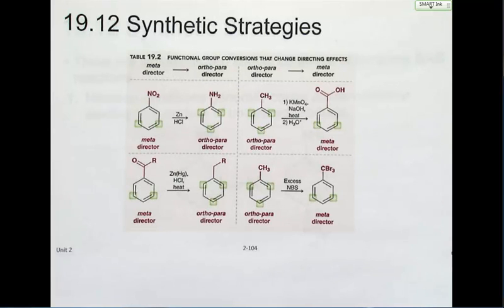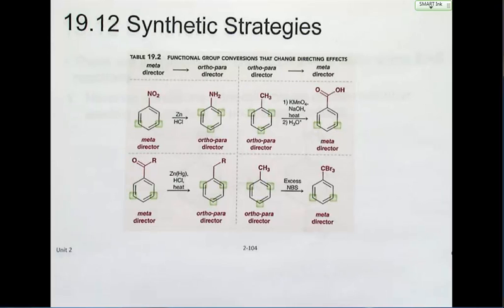Another example of switching this is oxidation of the side chains. So you have a carbon on the side chain, and you oxidize it to a carboxylic acid, it becomes a meta director. Another example of that is where we take N-bromosuccinimide. That's actually going to replace all the hydrogen atoms with bromine and make CBr3, which is also a meta director and deactivates.